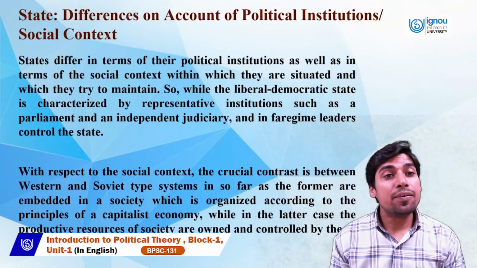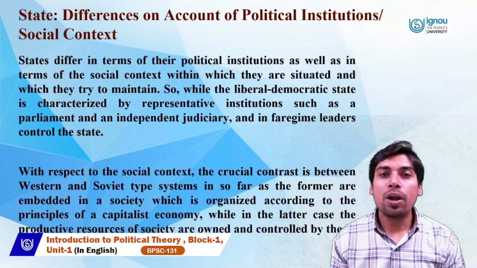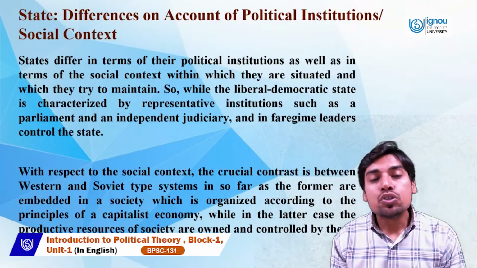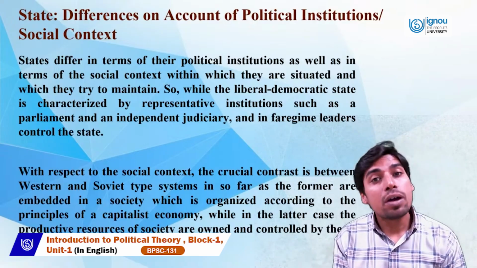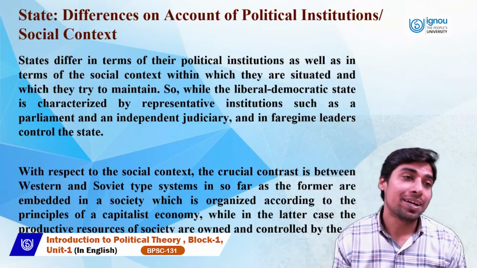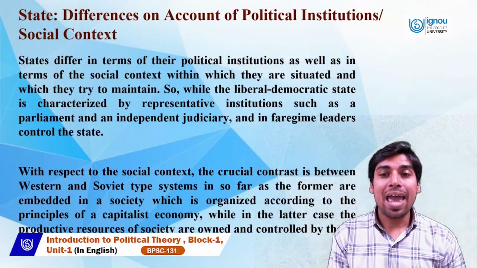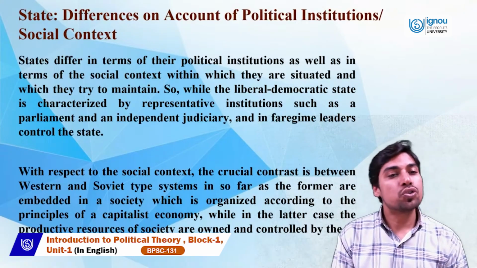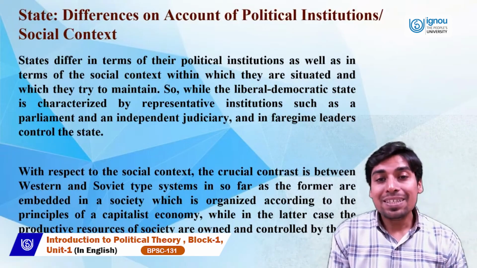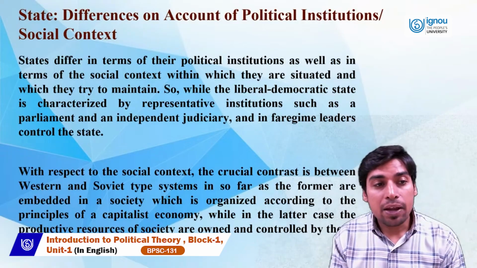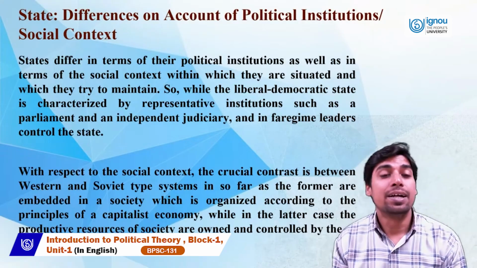States differ on account of political institutions and organization and social context. States differ in terms of their political institutions as well as in terms of the social context within which they are situated and which they try to maintain.